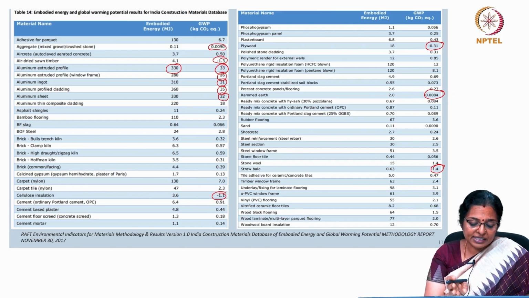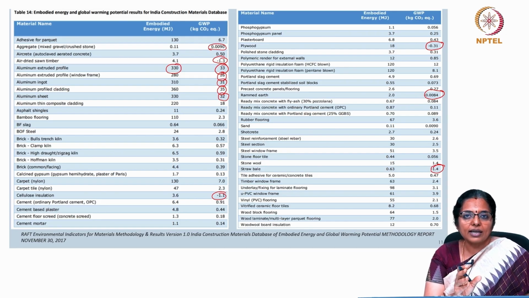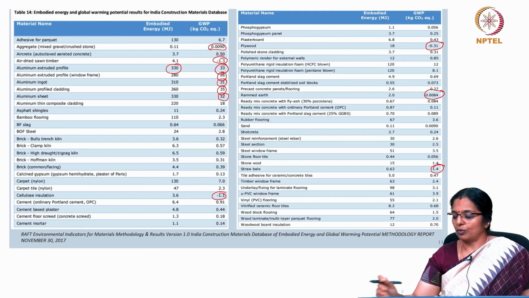Based on this data and the quantity of building material that is to be used in the building, we can make the right material choices to ensure that our building's embodied energy is moderately low and global warming potential is also low.